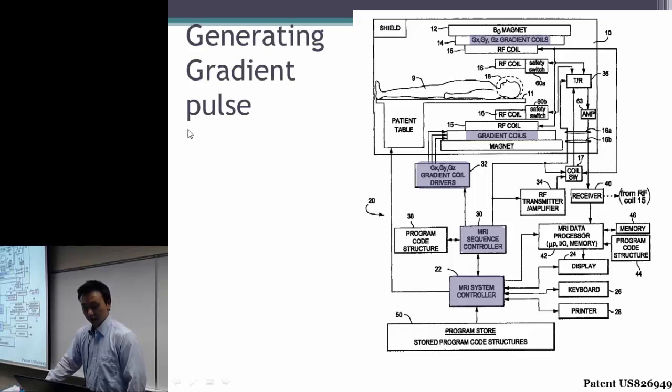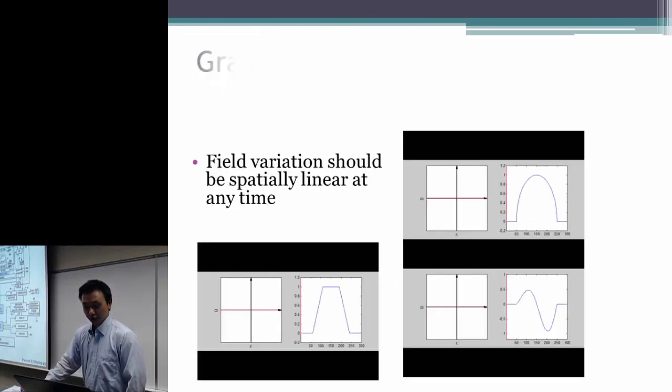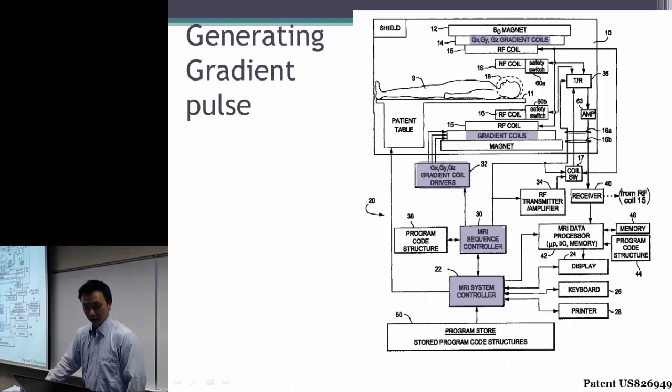It's very similar for generating the gradient pulse to the RF pulse. When we have designed our sequence, we have the timing, the duration and the strength of the gradient. We input them all into the MRI scanner.